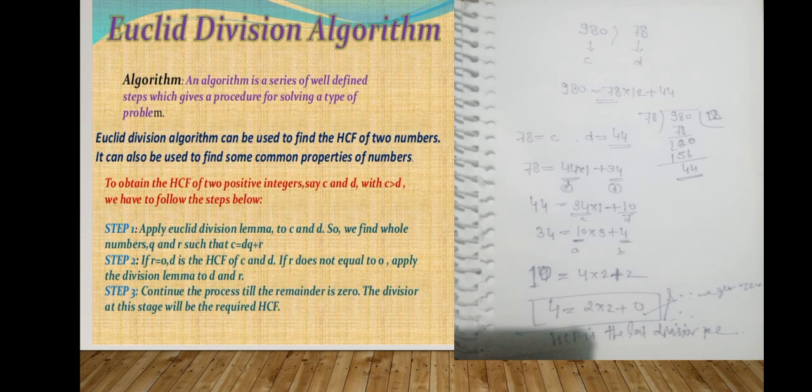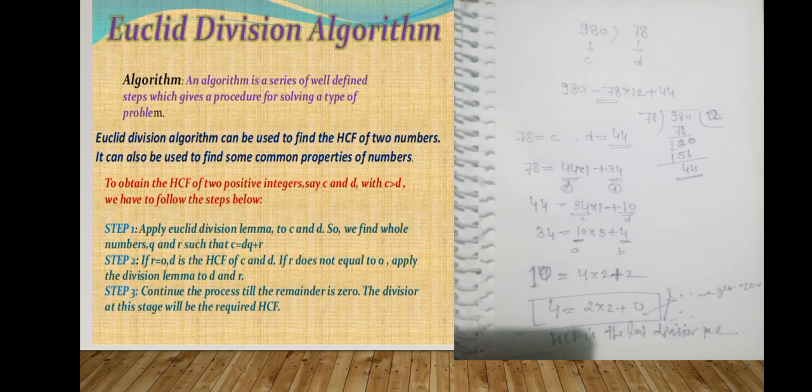Then, if we are tackling Euclid's division algorithm to obtain the HCF of two positive integers, say C and D, where C is greater than D, then we have to follow some simple steps. As step 1, after deciding that C is greater than D, apply Euclid's division lemma and find whole numbers Q and R such that C is equal to DQ plus R.